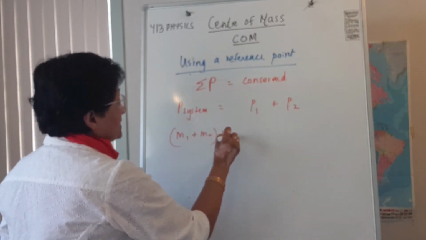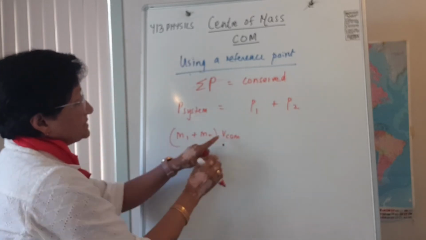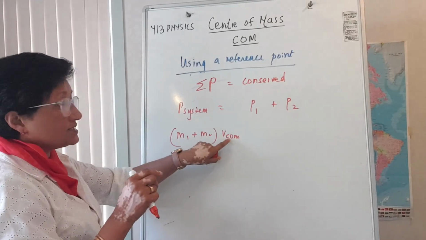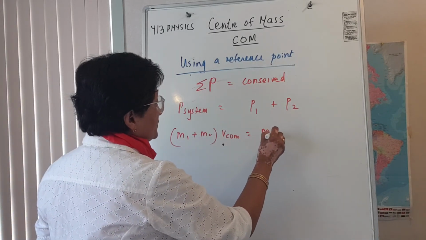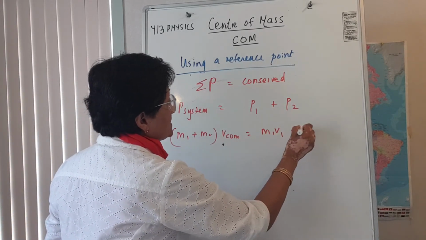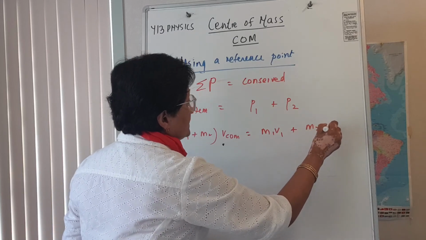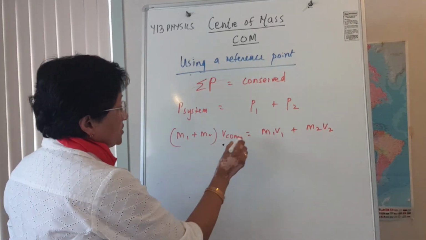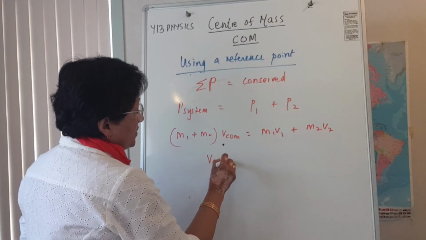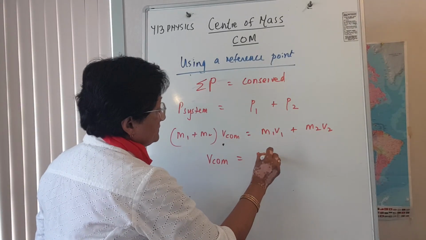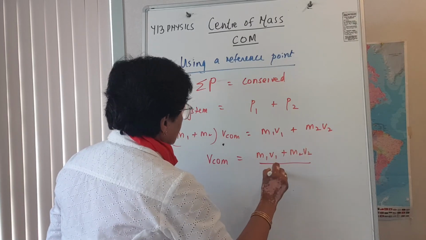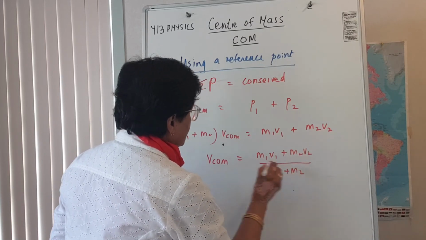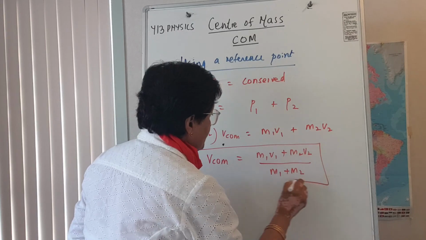So the total mass times the common velocity, which is the velocity of the center of mass, is equal to the individual momenta of the particles that make up the system. So if I make V COM the subject of the formula, I will get a formula to calculate the velocity of the center of mass of the system.